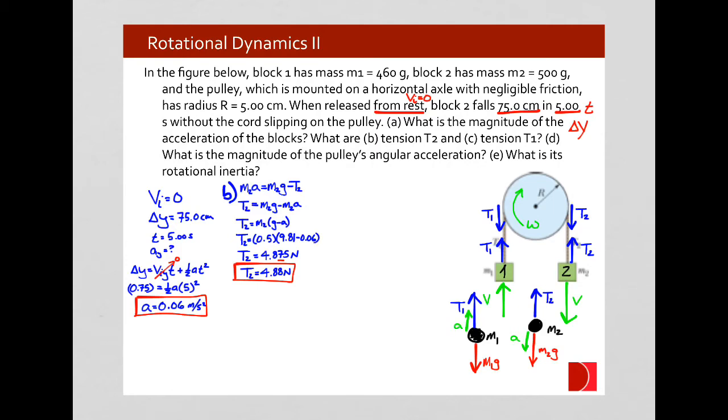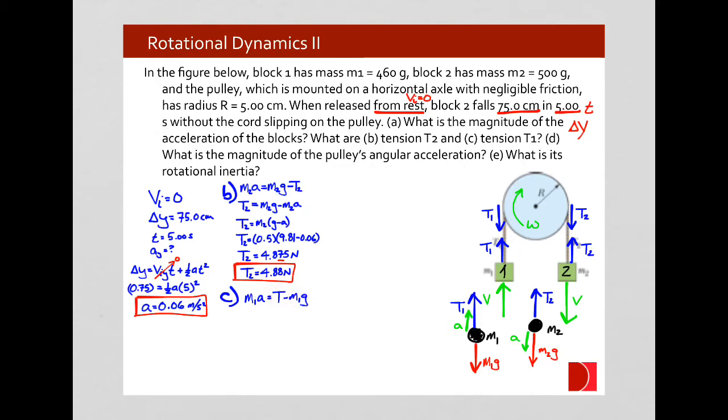So orienting our axes upward in this case to simplify our calculations, we see that M1A, the sum of the forces, is the tension minus gravity.